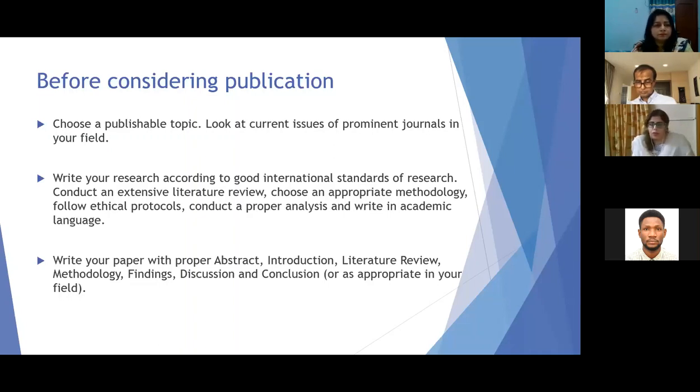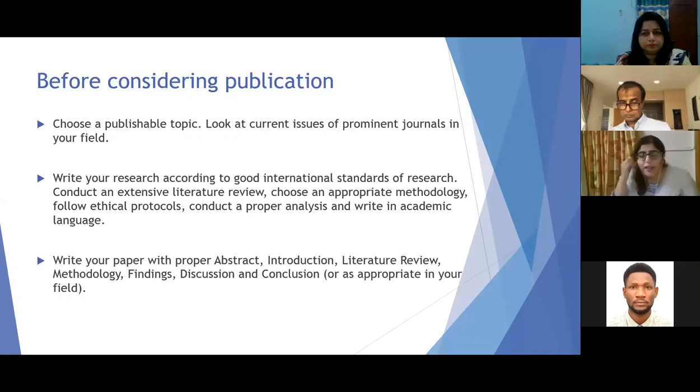What you could do for that is look at the current issues of prominent journals in your field. You can go to the journal website, look at its current issue and a few back issues, and look at the topics to see what is being published in good journals these days. It'll give you some ideas and keep you informed about the trends in your area.